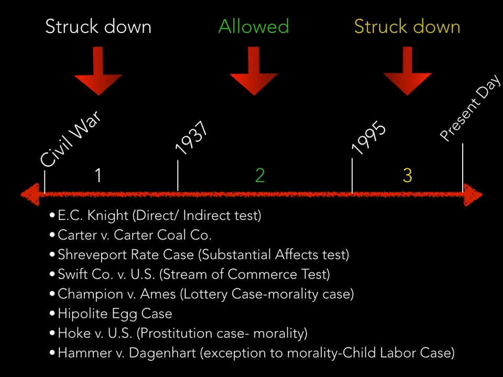Our first series of cases from the pre-1937 era are where we get the majority of our tests for the Commerce Clause. So we have our E.C. Knight case, which gave us the direct and indirect test, the Shreveport Rate case, which gave us the substantial effects test, and the Swift case, which gave us the stream of commerce test.